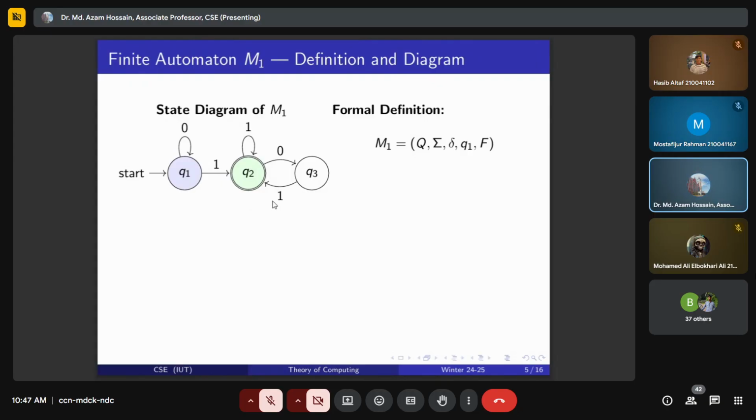So how many states are here? You can see there are 3 states, Q1, Q2, Q3. And Q1 is the starting state, Q2 is the final state. And what are the symbols or alphabet here?